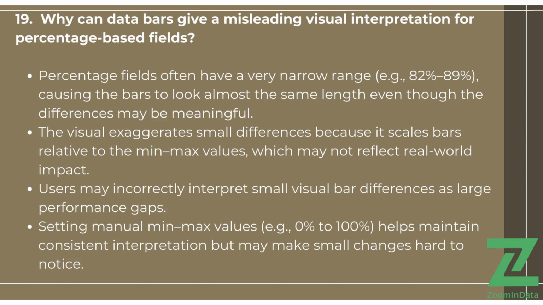Users may incorrectly interpret small visual bar differences as large performance gaps. Setting manual min-max values, example 0% to 100%, helps maintain consistent interpretation but may make small changes hard to notice.